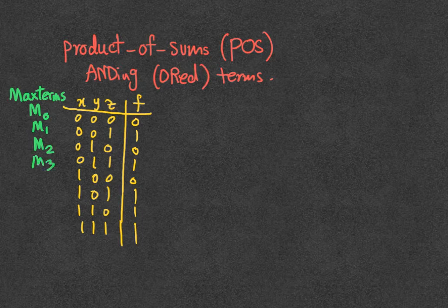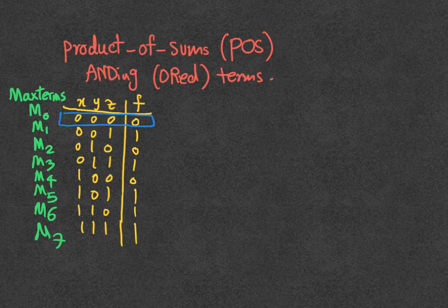For product of sum, you choose the rows or max terms where the output is 0, like M0, M2, M4. So you write down product of sum based on these terms.